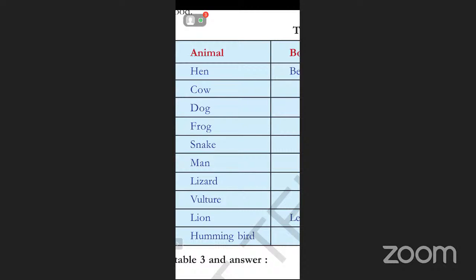Ready, children? Write fast. Write 10 serial numbers. Write 10 animal names. This you have to write at home, after this class, in the evening or whenever you do homework.